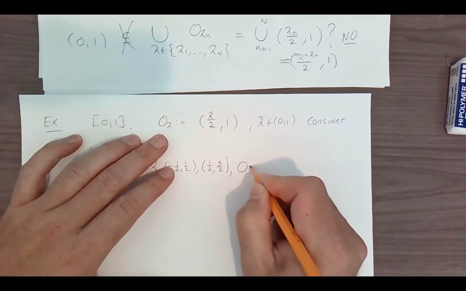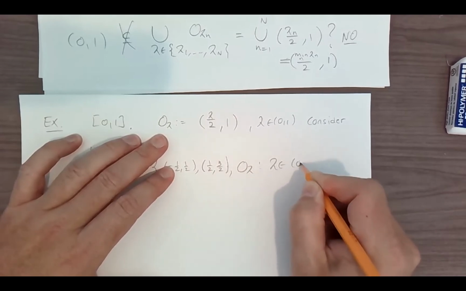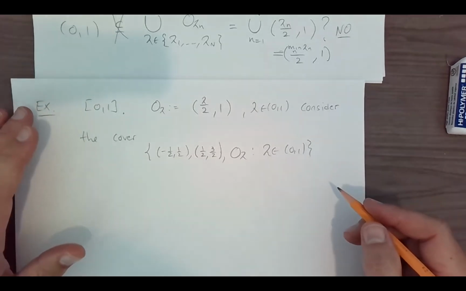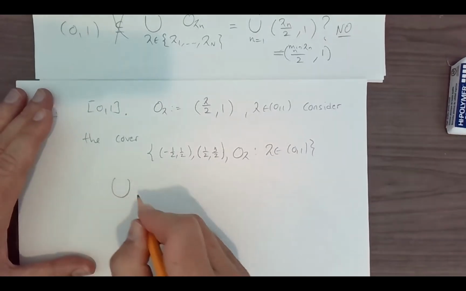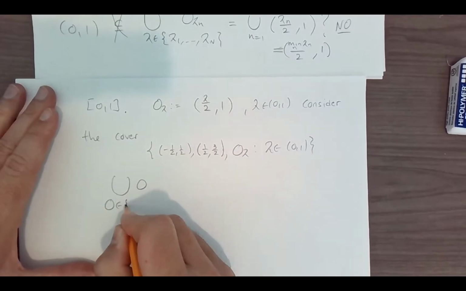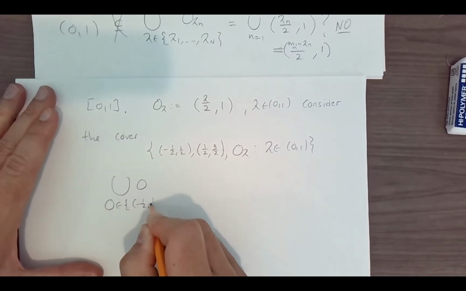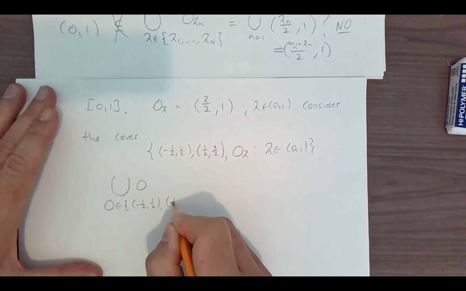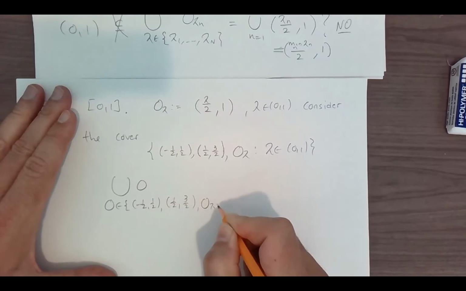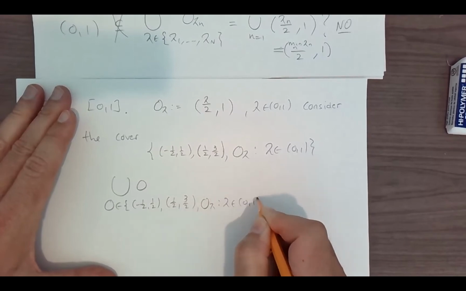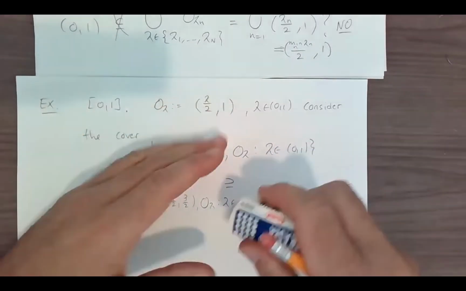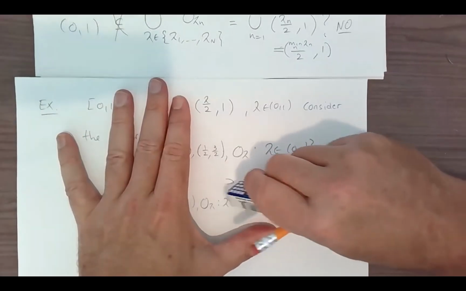And then all these O lambdas. When I take the union of all these, I am definitely going to get something that is bigger than the interval 0 to 1.